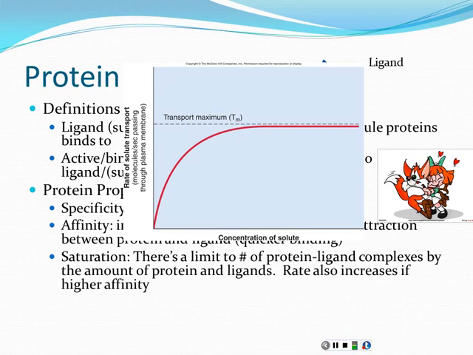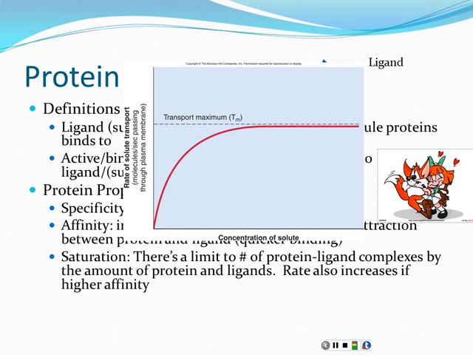What I'm trying to get at here is that we're only set with a set amount of proteins. Okay, so just say we have 50 proteins. If we have 50 proteins, when we put a little bit of ligands in here, just say 10, all 10 of them will be reacting with some protein, right? So that's why we have this steep curve. And if we keep on putting more ligands in, now when we put 20, it's going to continue to interact with those proteins.